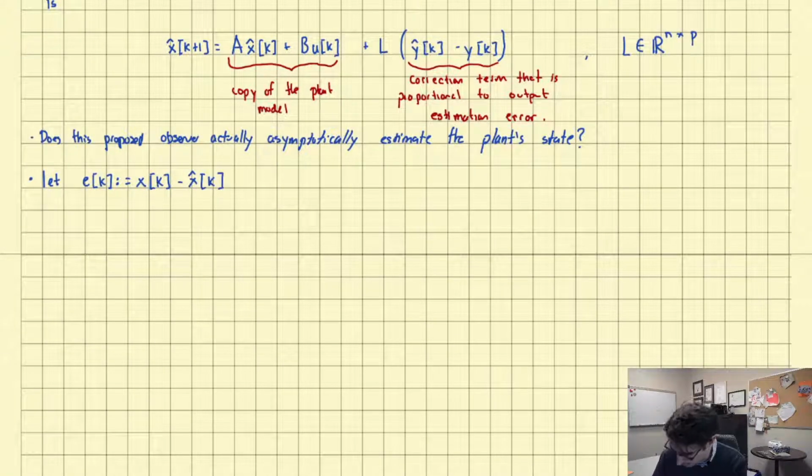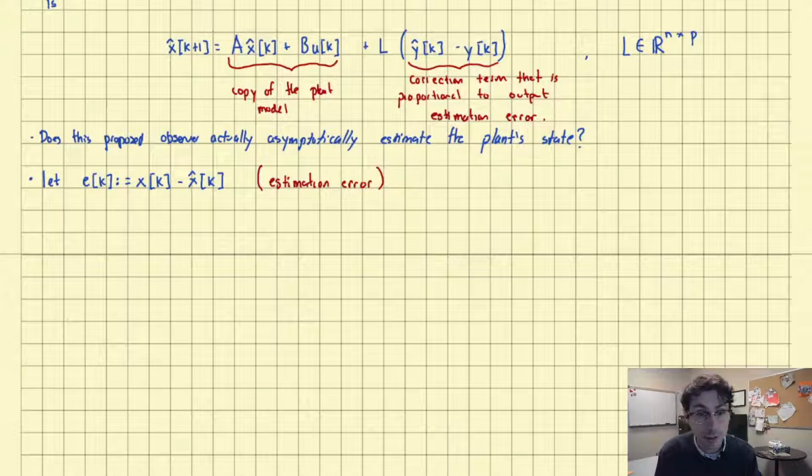We'll call this the estimation error. What we want is that this estimation error should go to 0 in the limit, which means our estimated state x hat has gone towards x. We know how to evaluate stability of discrete time dynamical systems. We're going to look at the difference equation governing the evolution of the estimation error, and then check if it's stable, or design L so that it's stable, really. So let's see.